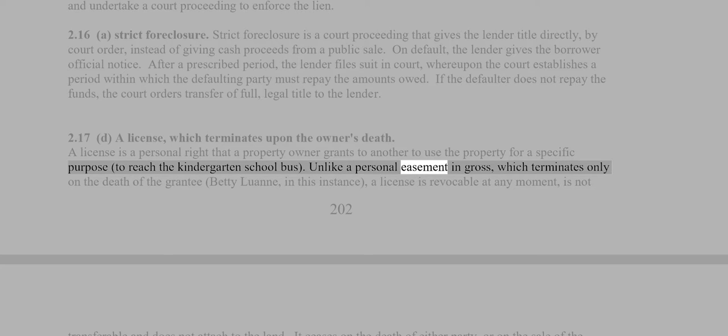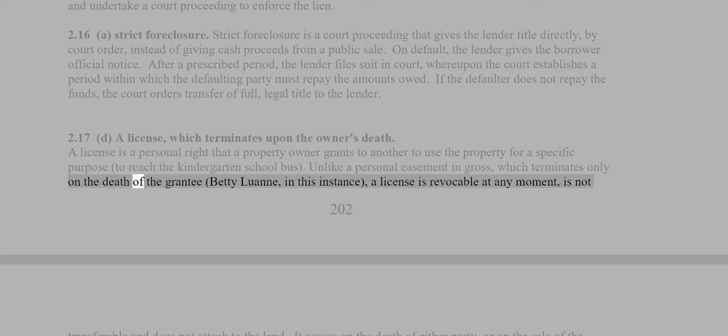Unlike a personal easement in gross, which terminates only on the death of the grantee, a license is revocable at any moment, is not transferable, and does not attach to the land. It ceases on the death of either party, or on the sale of the property.